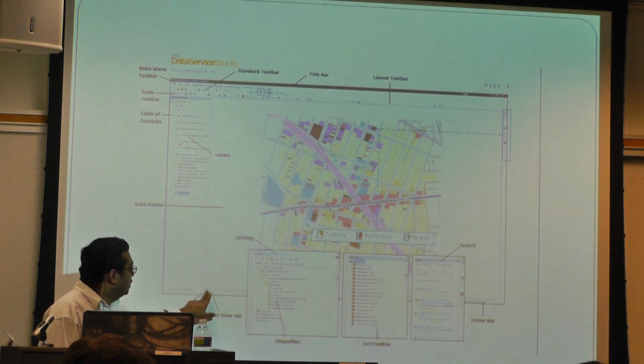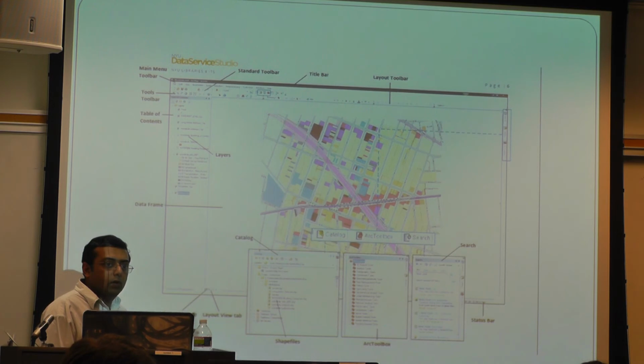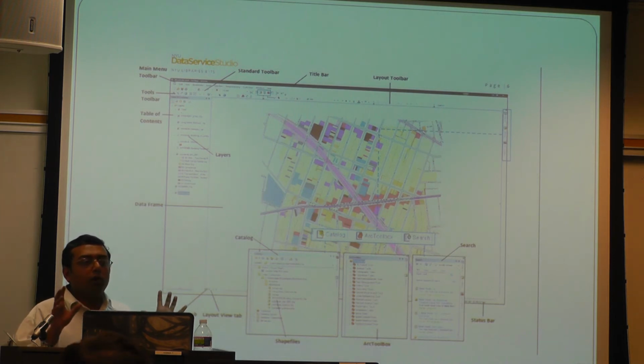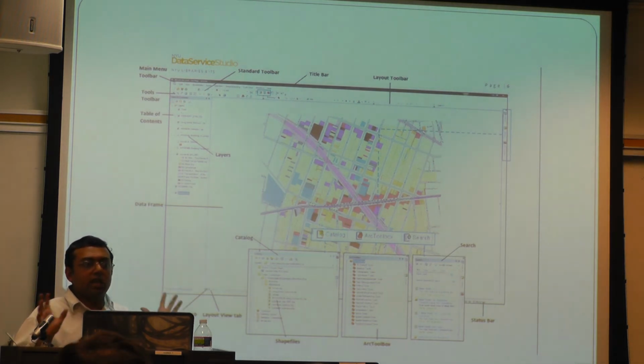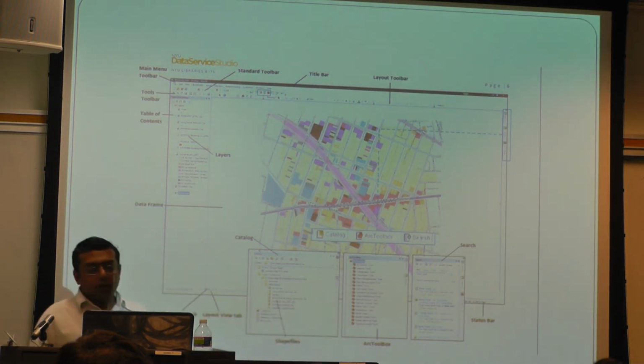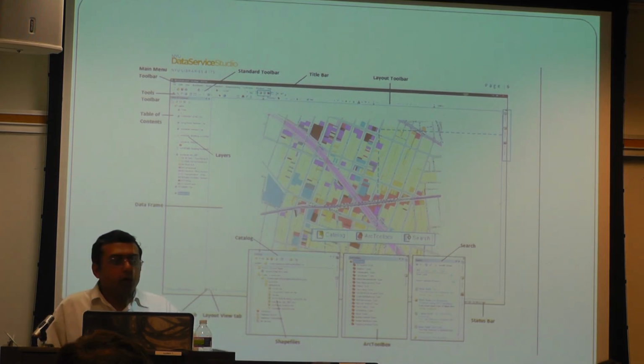But for now, just remember that we are in the data view tab where you do all your editing and analysis. You only use the layout view tab to move your map around to make sure the sizes and the scales and the layouts are right, and then you can print and publish your maps. And there's a status bar, which I never use. So there you go. Any questions?